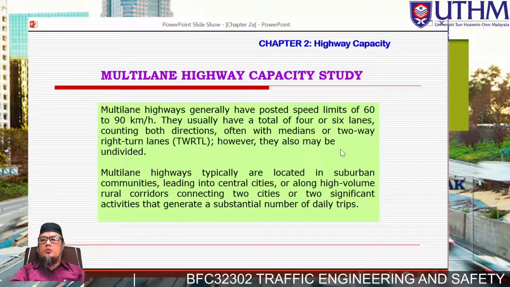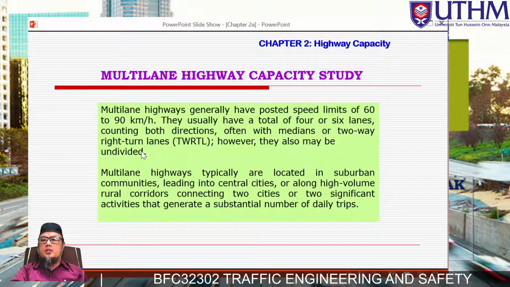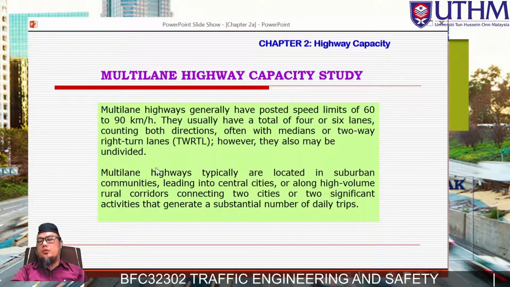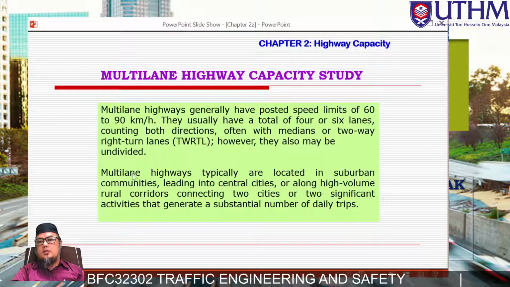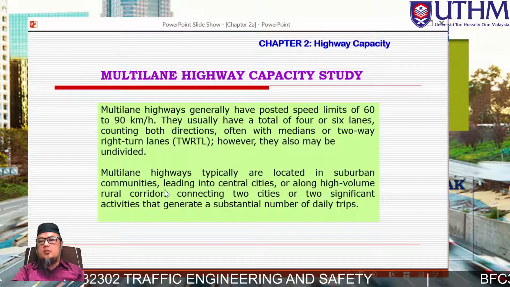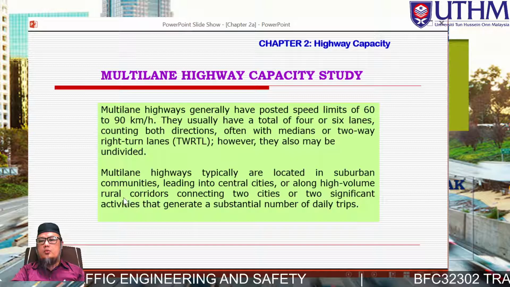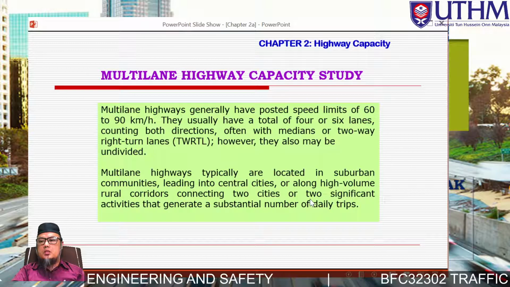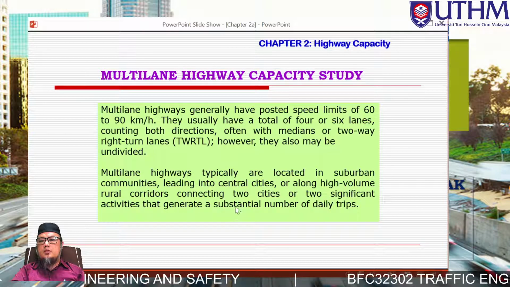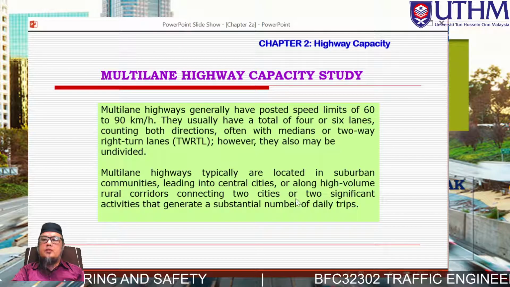However, they also provide undivided facilities. Some also have this kind of situation. The multi-lane typically is located in suburban communities leading to the central city, along high volume rural corridors connecting to a city or to significant activities that generate a substantial number of daily traffic.